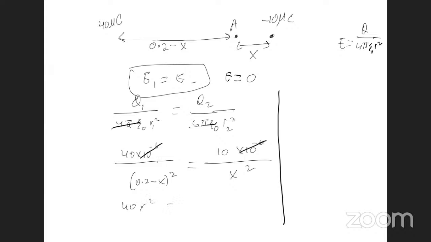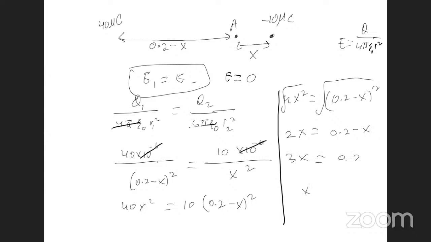It will be 40 X squared equals 10 times (0.2 minus X) squared. We can divide it out, you'll get 4X squared is equal to (0.2 minus X) squared. You can square root both sides, and you'll get 2X is 0.2 minus X. Do a little maths: 3X is 0.2, X is 0.2 over 3, which is 0.066.